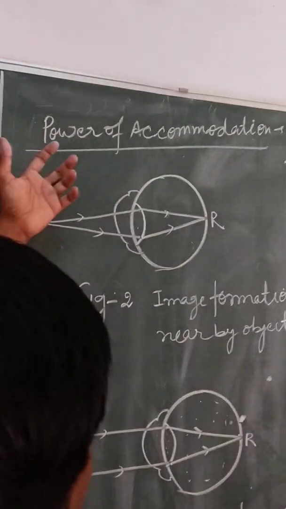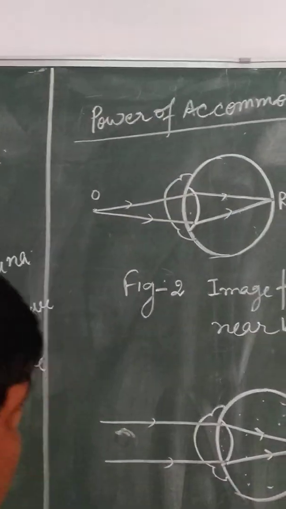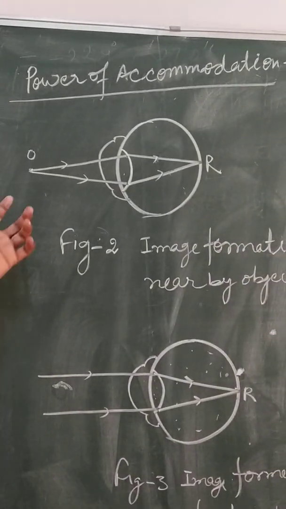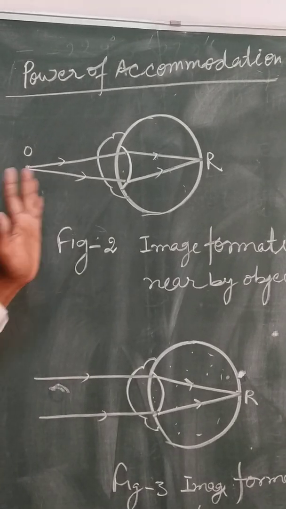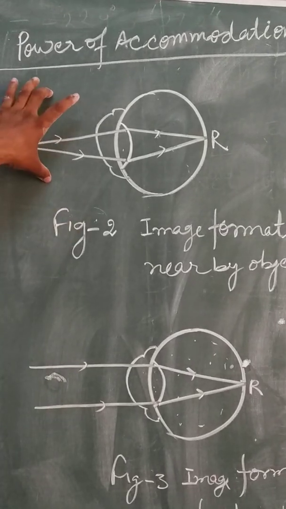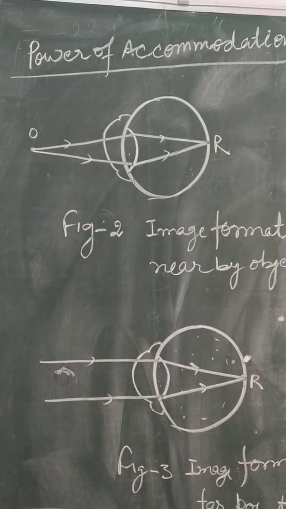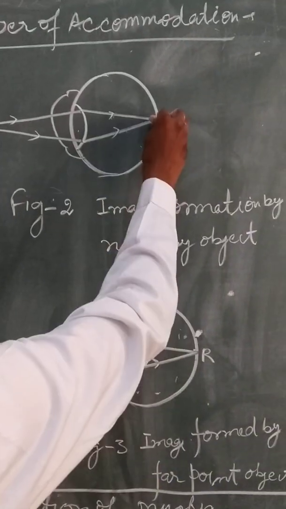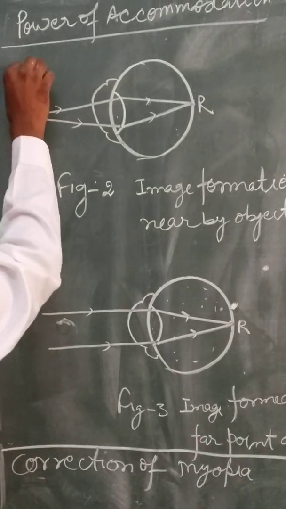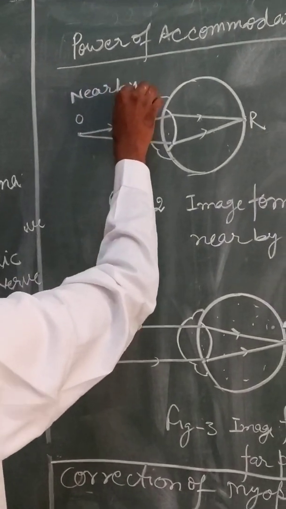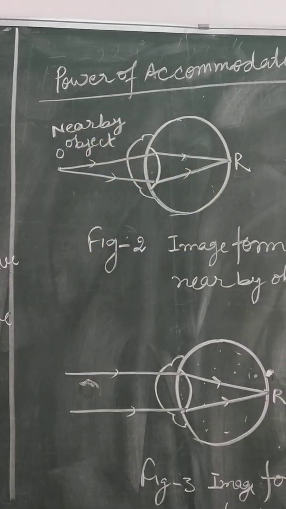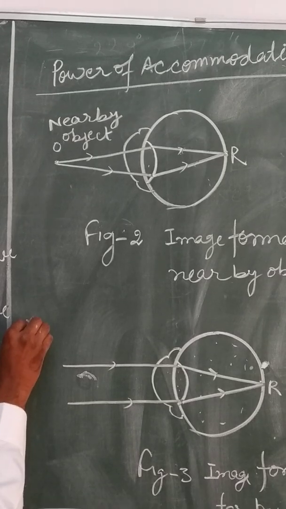Now we discuss the power of accommodation. The power of accommodation is defined as the ability of the human eye to focus on a nearby object as well as a far point object. This is the nearby object placed in front of the eye, and the image is formed at the retina. And this is the far point object, a distant object.